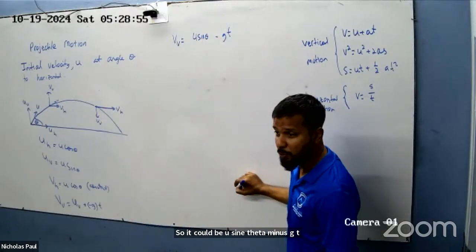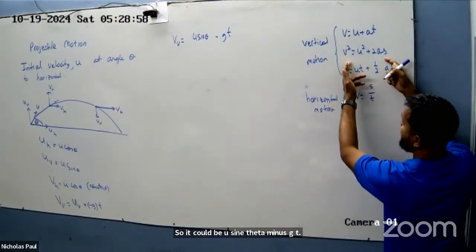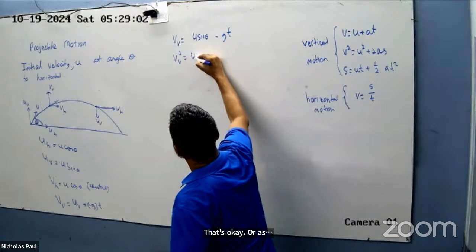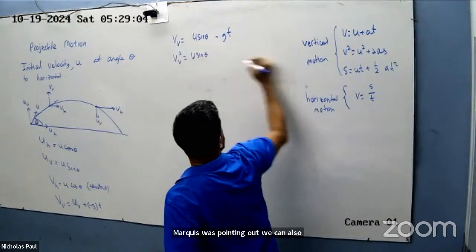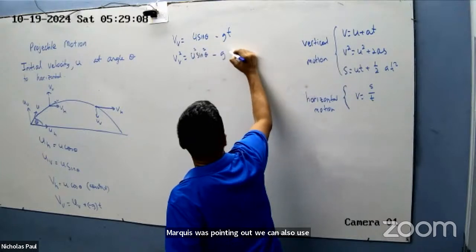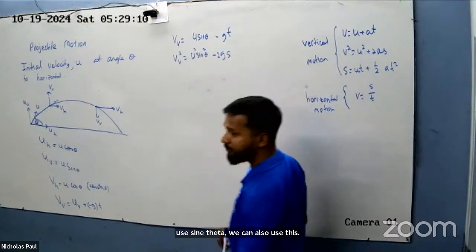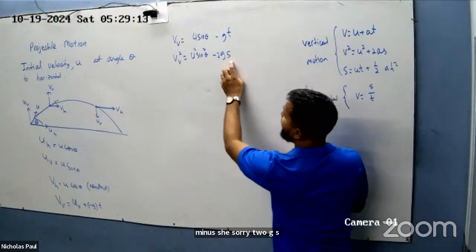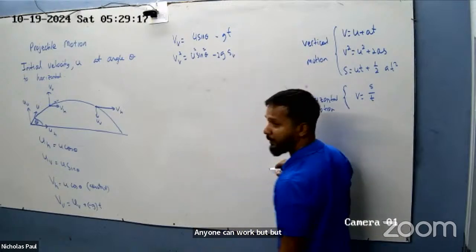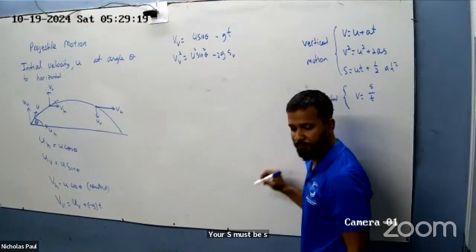Or as Marquis was pointing out, we can also use v squared equals u sine theta squared minus 2gs. Anyone can work, but your s must be vertical displacement.